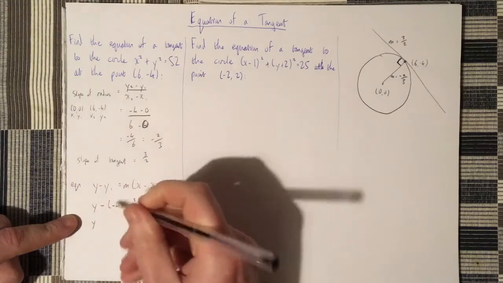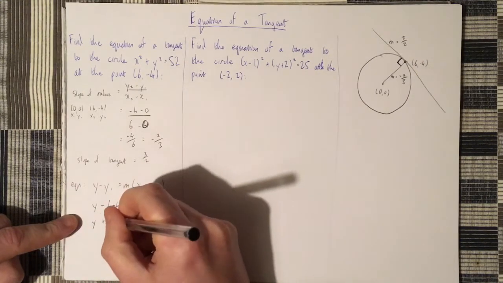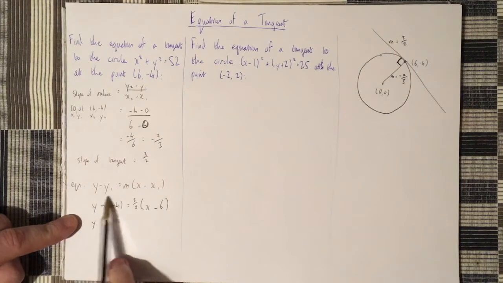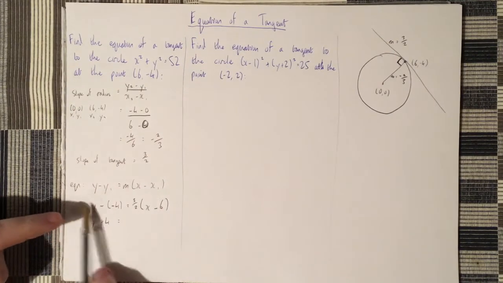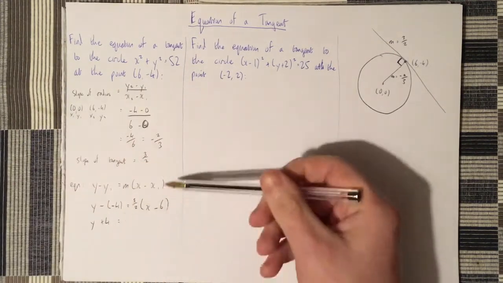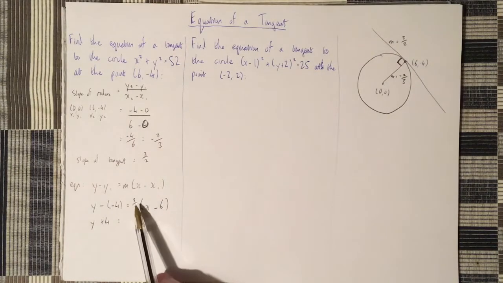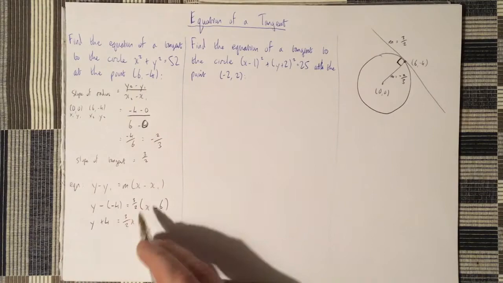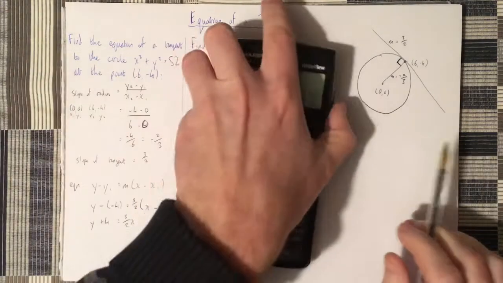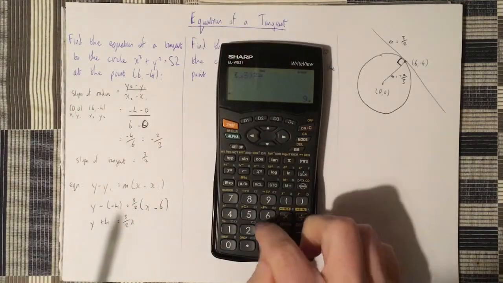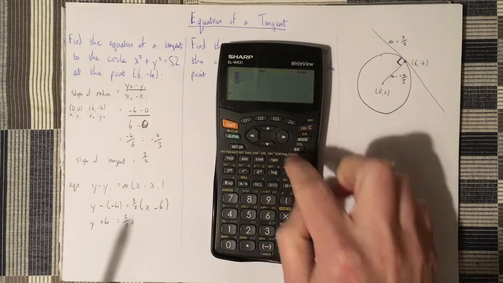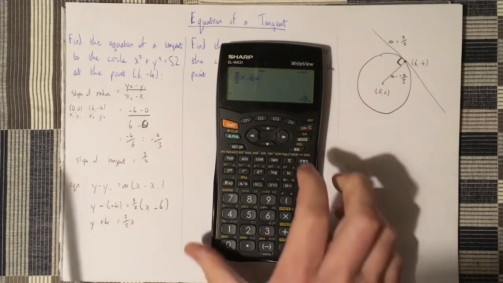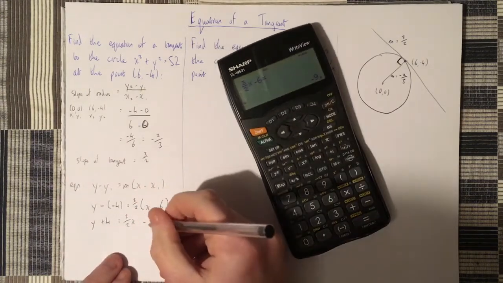A minus and a minus together is a plus, so y plus 4 equals 3 over 2 times (x minus 6). You would get most of the marks, if not all, for this, but most of you do want to tidy it up a bit to get all the marks. So 3 over 2 multiplied by x is 3 over 2 x, and 3 over 2 multiplied by minus 6 is minus 9. If you're not too sure multiplying fractions, just do it on the calculator.